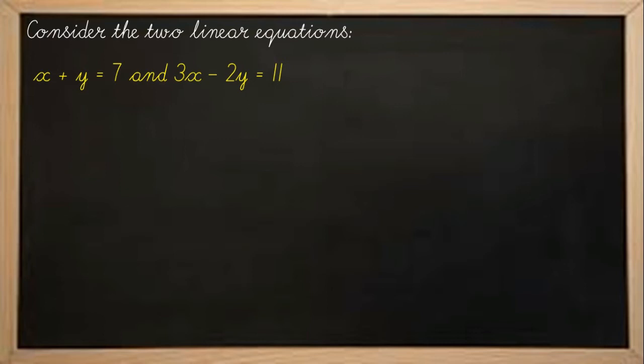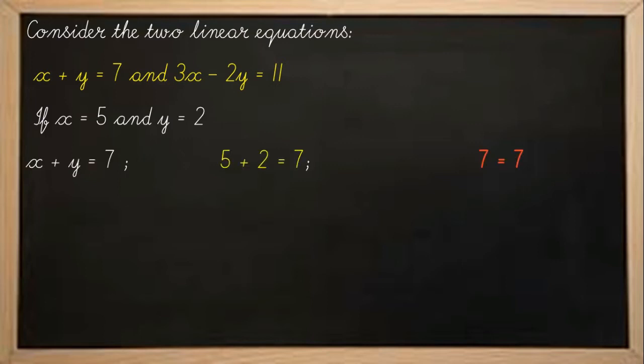Consider the two linear equations, children. One more example I have taken. x plus y is equal to 7 and 3x minus 2y is equal to 11. So, if I substitute the value of x as 5 and y as 2, what happens? x plus y is equal to 7: 5 plus 2 is equal to 7, hence 7 is equal to 7.